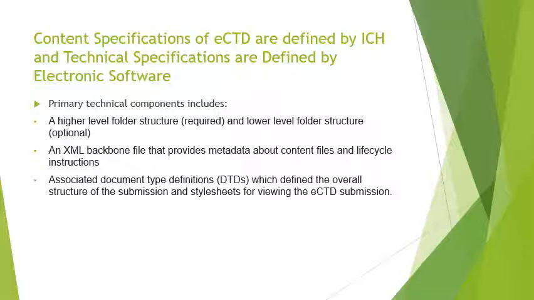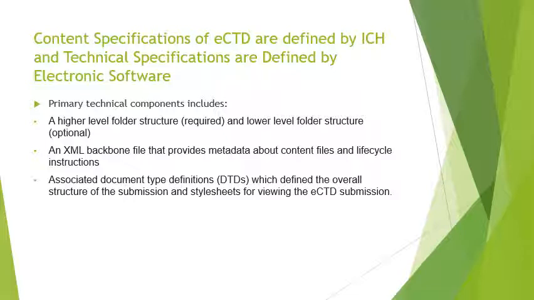for an ECTD. Then it will have an XML backbone which provides all the metadata about the content files and lifecycle instructions for the various documents which are presented inside the CTD document.